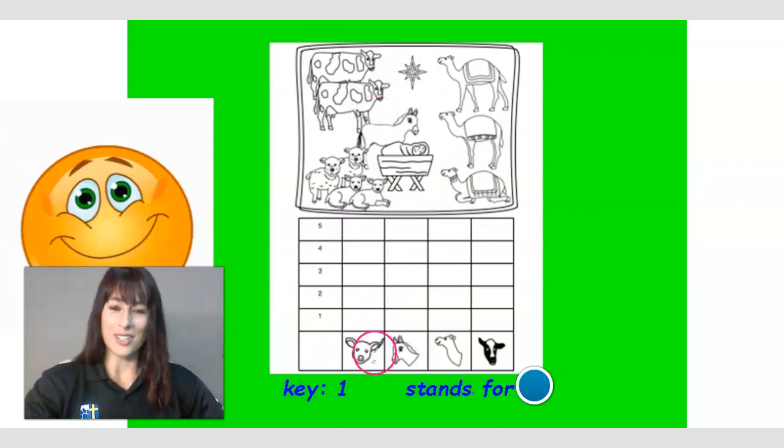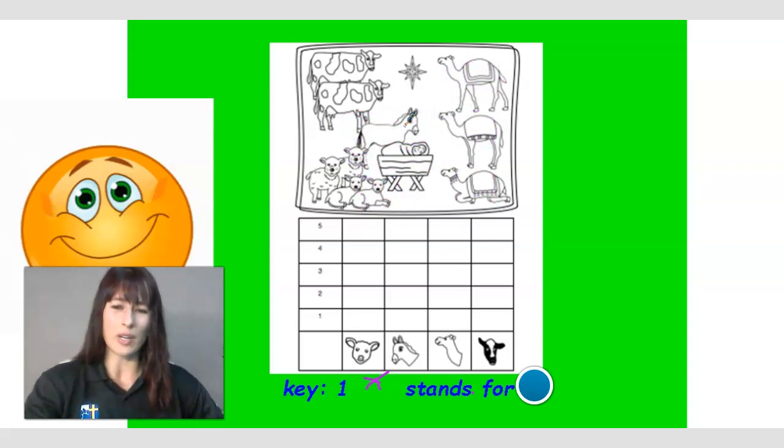Okay, so let's look at the sheep. Well, we need to create ourselves a symbol first for the key. I think I'm going to use a star. So sheep, we have 4 in here, and our key stands for 1. If you look here, we have 2, we have here 4, and we have here 3, and then we have 1 animal here.